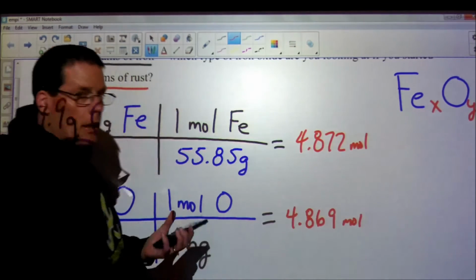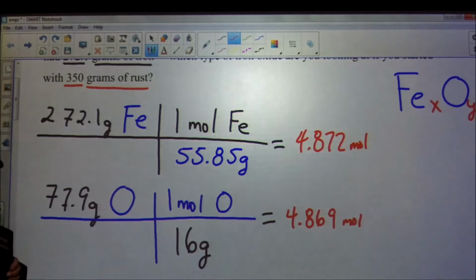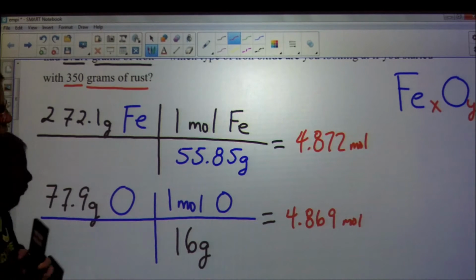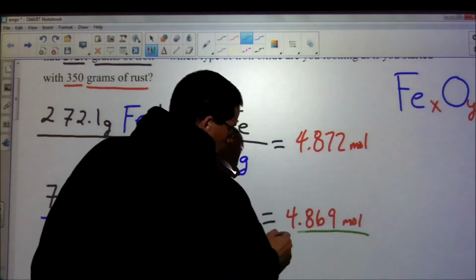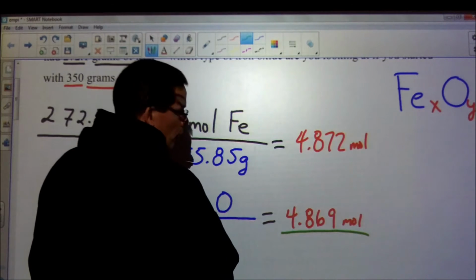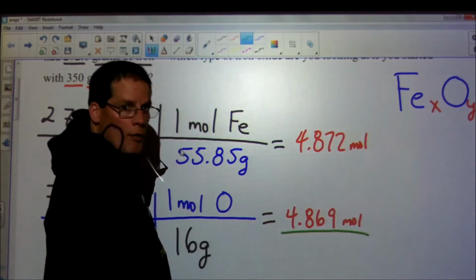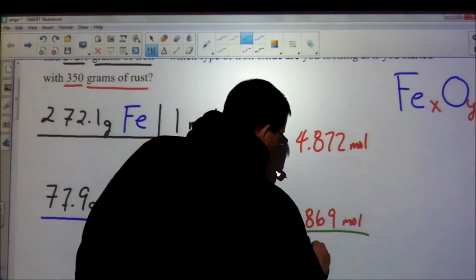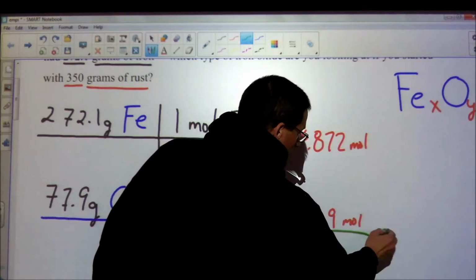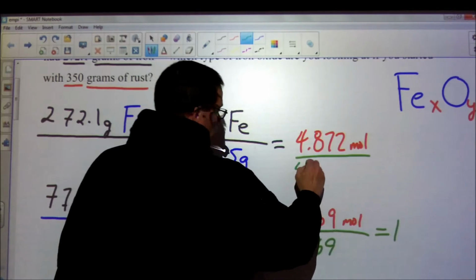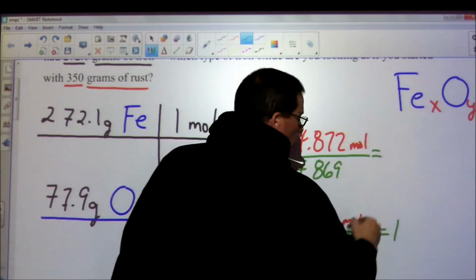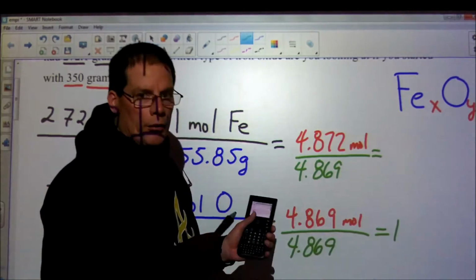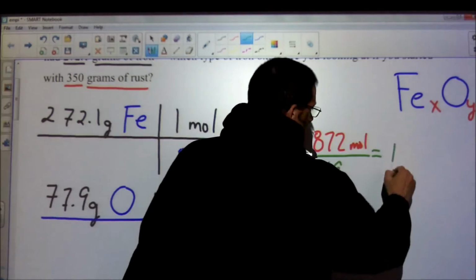Okay, and again, find out which of these two values is the smallest number of moles, and we're going to divide everybody by the smallest number. So in this case, it looks like 4.869 is the smallest. And technically, they're very, very close to each other. So 4.869 divided by 4.869 equals 1. 4.72 divided by 4.869 is like 1.00, a lot of zeros before you see your next number, so it's a 1.